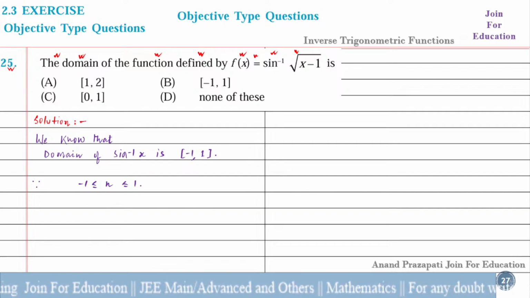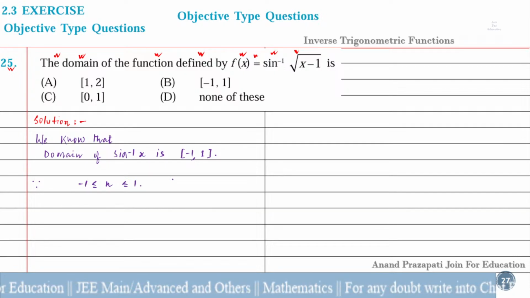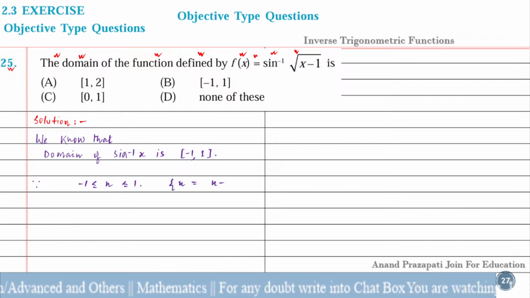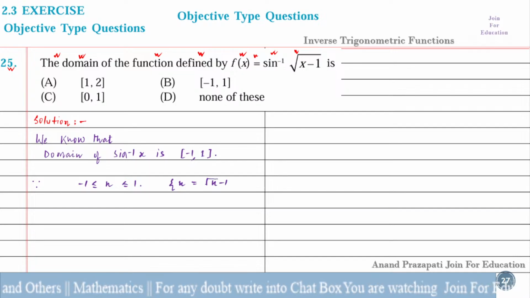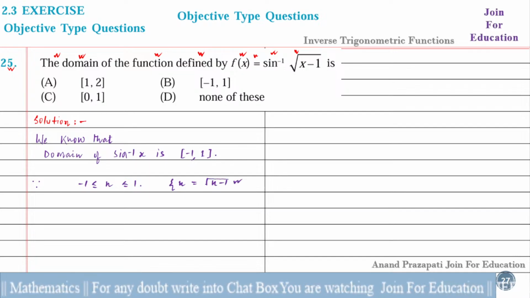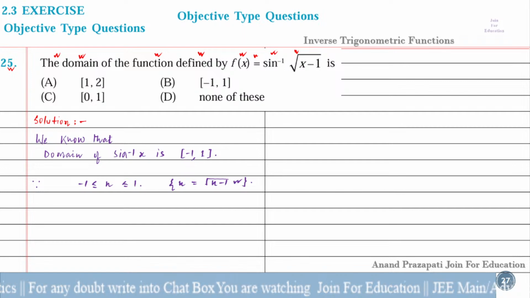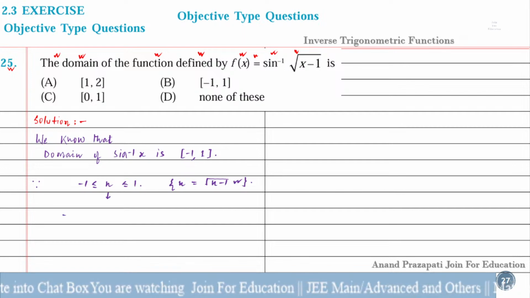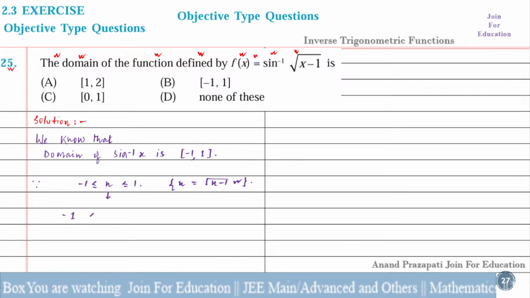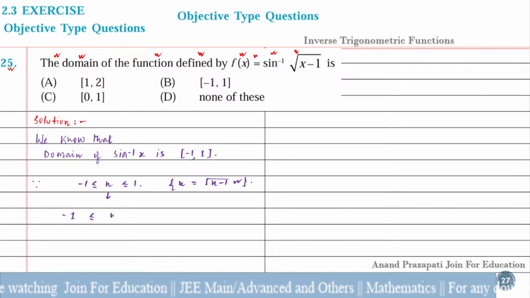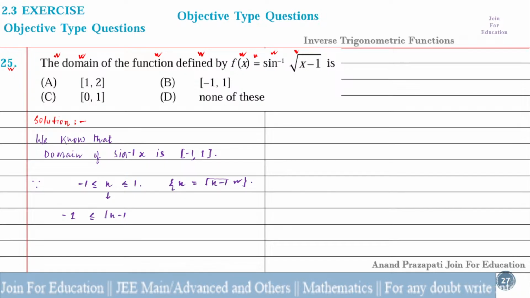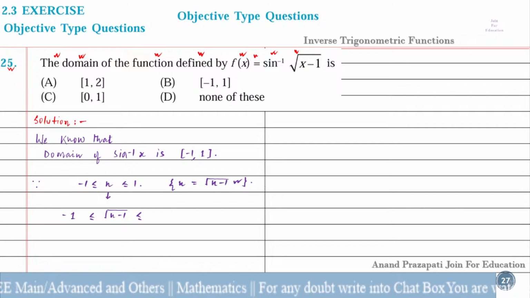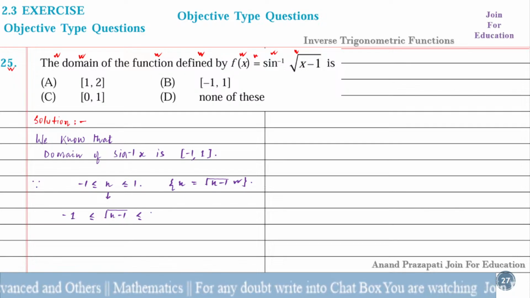Instead of x in this question we have here x equal to x minus 1 over root. Therefore, we write down here minus 1 less than or equal to x minus 1 over root less than or equal to 1.